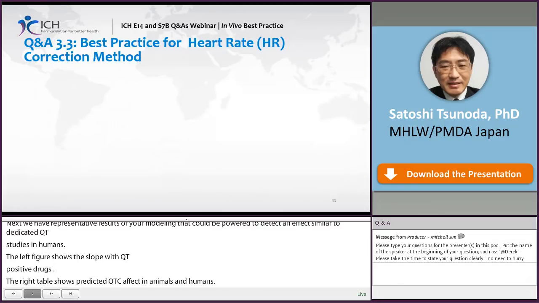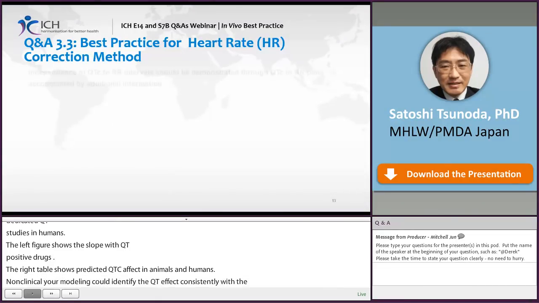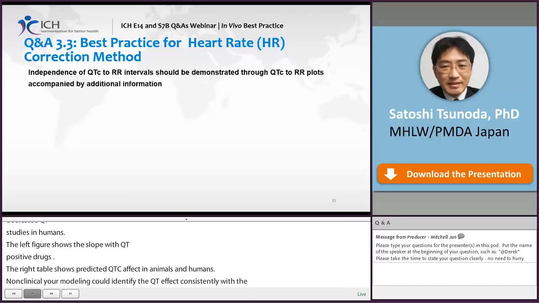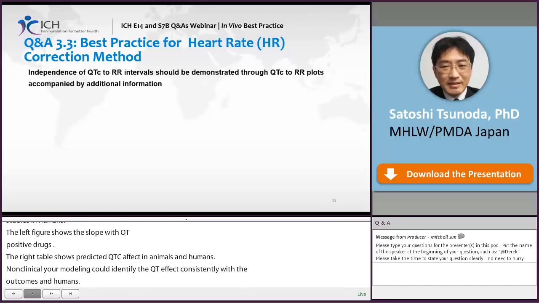Next slide shows the best practice for the heart rate correction method. Independence of QTc to RR interval should be demonstrated through a QTc to RR plot accompanied by additional information.